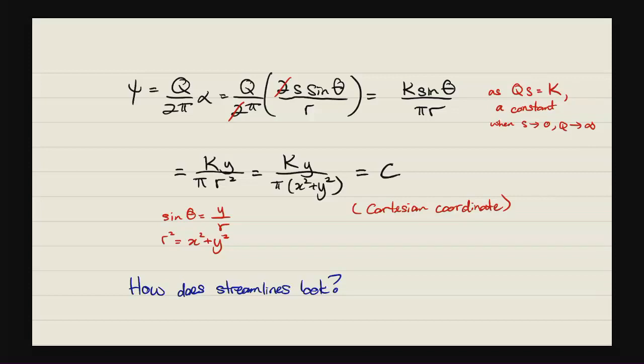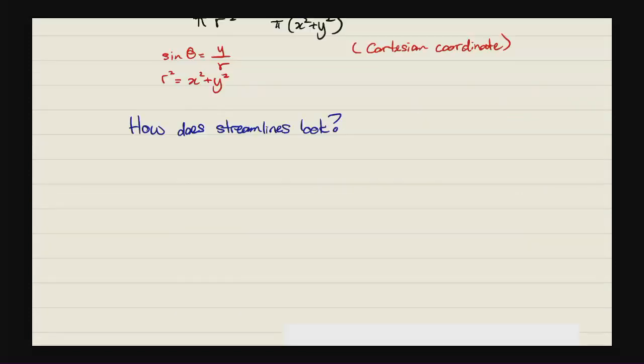We know that this is equal to a constant for a streamline. I'm just going to take this term to the right hand side and C to the left hand side. So I'm going to get x squared plus y squared equals Ky over c pi.